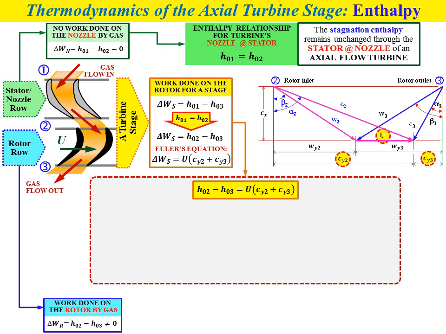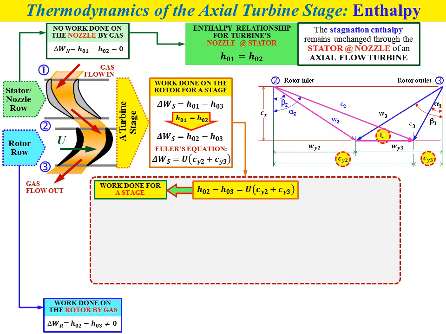Okay, so from the equation that I mentioned for the work done on the rotor for a stage, if you combine the equations, we get H02 minus H03 equal to U (Cy2 plus Cy3), which is the equation for work done for a stage.